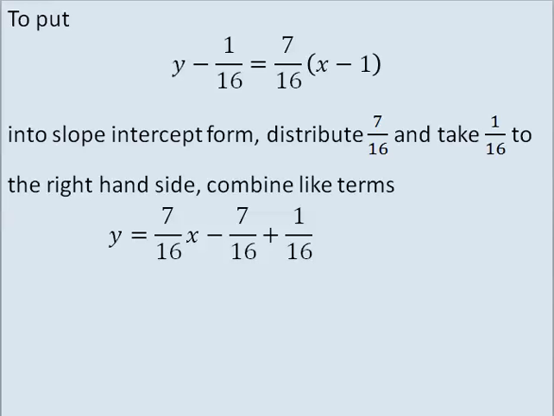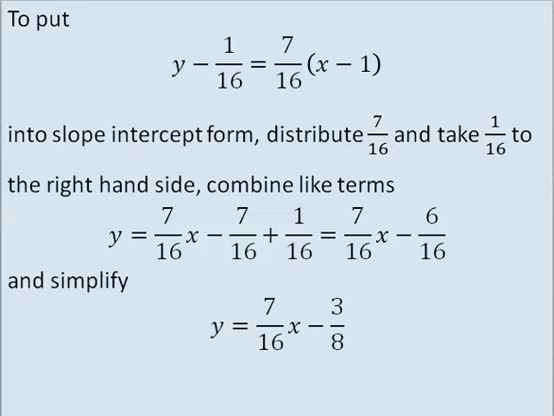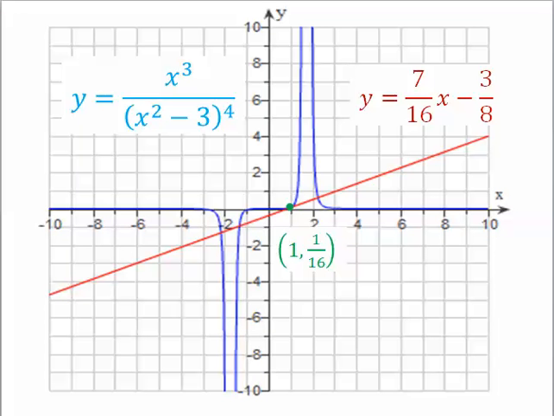Combine like terms and simplify. So we now have the equation of the line tangent to the graph at the point 1, 1 over 16.